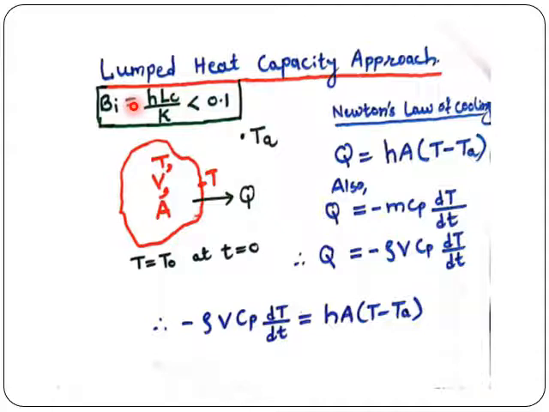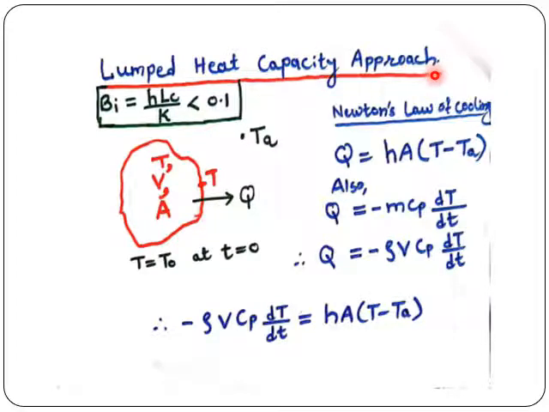If you calculate this Biot number and get it less than 0.1, then we can neglect internal temperature gradient and assume that the temperature throughout the solid is the same. So in this analysis, where you have Biot number less than 0.1, you can go for the lumped heat capacity approach.